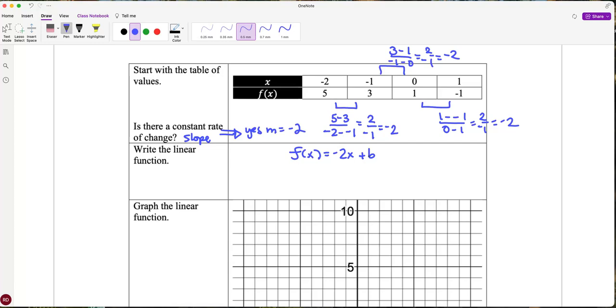Now this one, I already know b, because when x is 0, the graph goes through the point (0, 1). That's the y-intercept. If you didn't catch it, just 1 equals -2 times 0 plus b, and you get b equals 1. So this is f of x equals -2x plus 1.